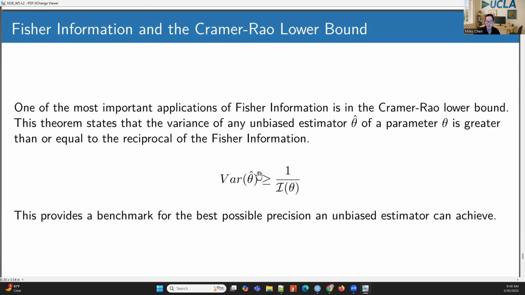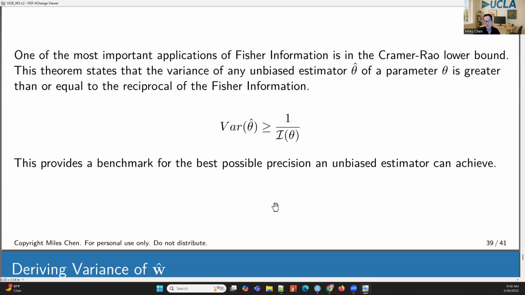So the lower bound on the variance of theta hat is 1 over the Fisher information. This gives us a benchmark for the best possible precision, or the lowest possible variance, that we can have for an unbiased estimator.